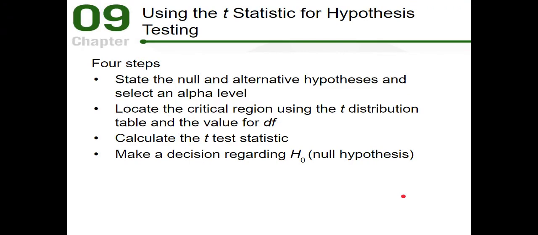We can also use the t-statistic for hypothesis testing through the use of 4 steps. First, state the null and alternative hypothesis and select an alpha level, usually 0.05. Then locate the critical region using the t-distribution table and the value of the degrees of freedom. Then calculate the t-statistic and make a decision regarding the null hypothesis.